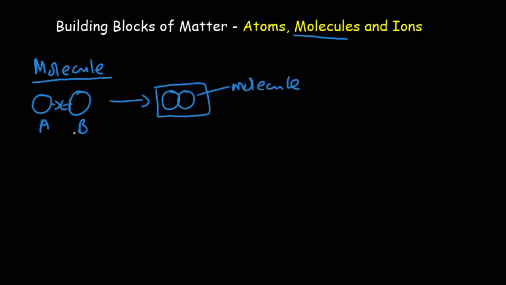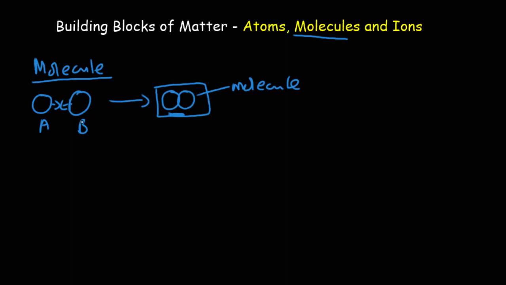All right, so we have two atoms. By means of force of attraction, we've been able to bring these two atoms together to form this. Now, this new substance we formed is what we call a molecule. So for every molecule, there exists a force of attraction between atoms.